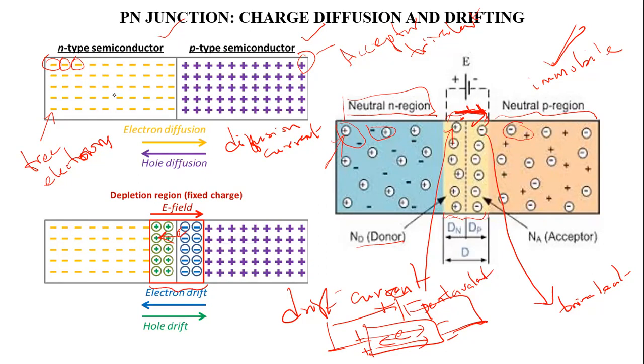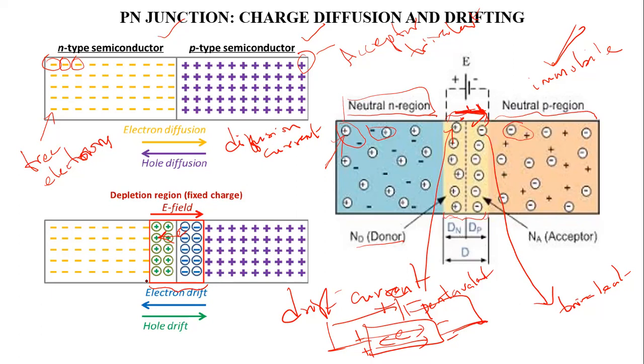Here, diffusion current is mainly due to the difference in concentration. It diffuses towards the p side. But once you have a built-in electric field, electrons will tend to move in the opposite direction to the diffusion current under drifting here. So electrons under the action of this electric field will drift in the opposite direction.